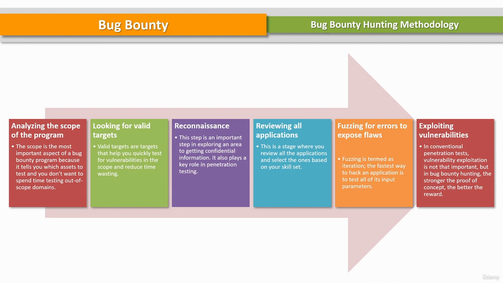And then comes exploiting vulnerabilities. So in conventional penetration tests, vulnerability exploitation is not that important. But in bug bounty hunting, the stronger the proof of concept, the better and bigger the reward. Of course, that depends on the generosity of the company.